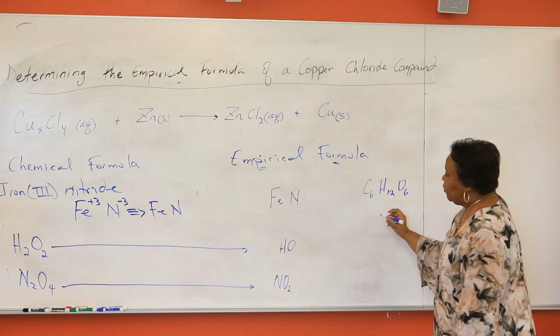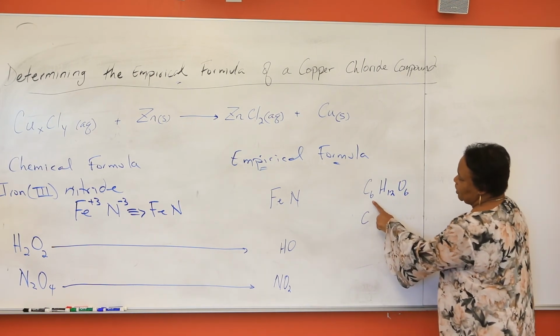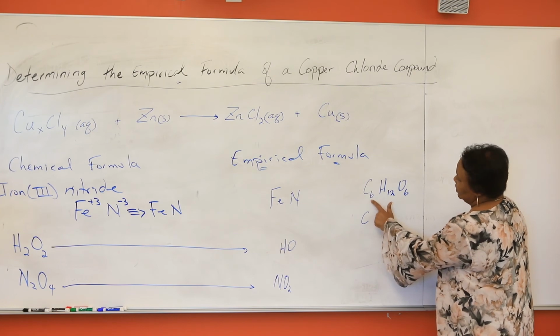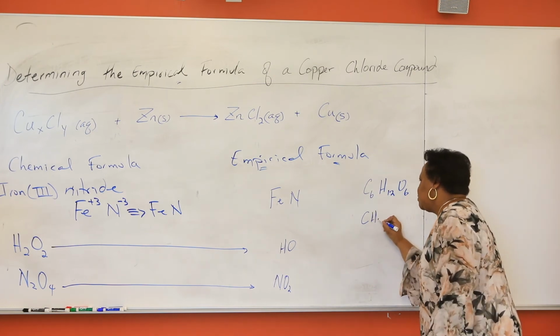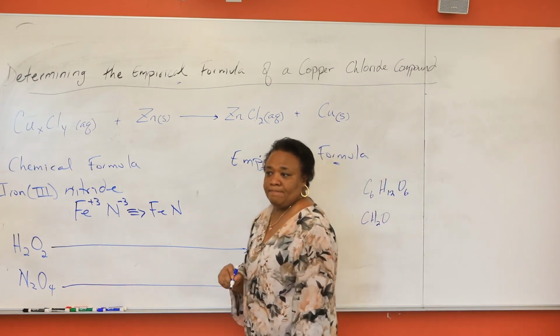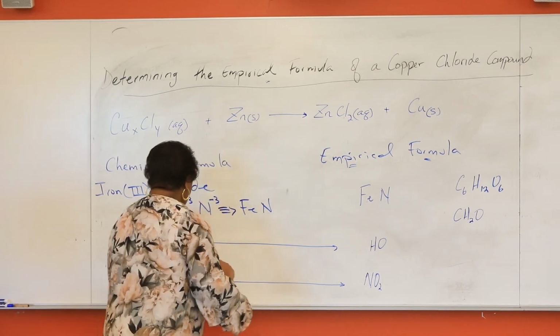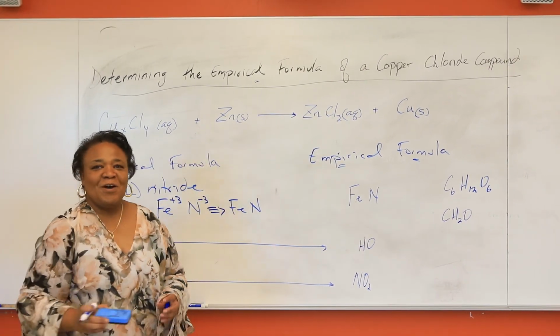However, what about the empirical formula? So the simplest ratio, and how do I determine the simplest ratio? I take my lowest value here, and I divide through by 6, and so it becomes CH2O. Alright, so I'm going to erase this, and then move on to our other section.